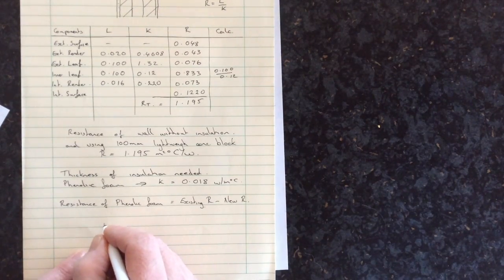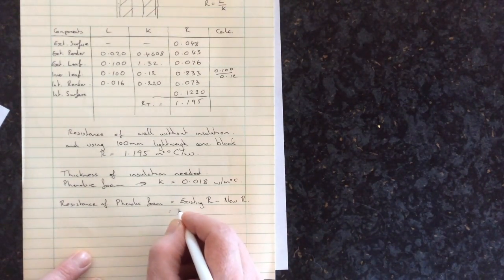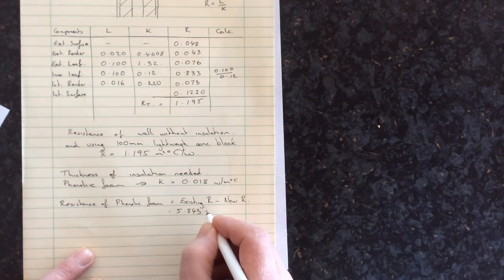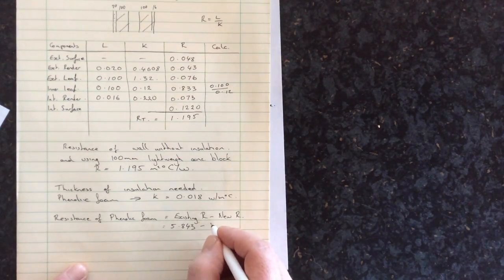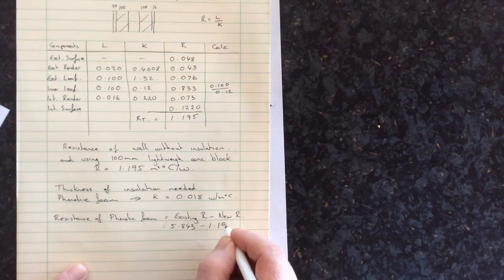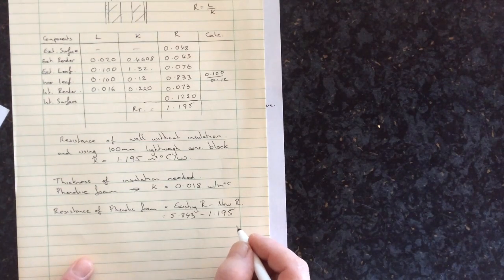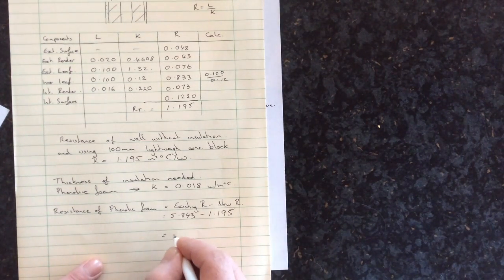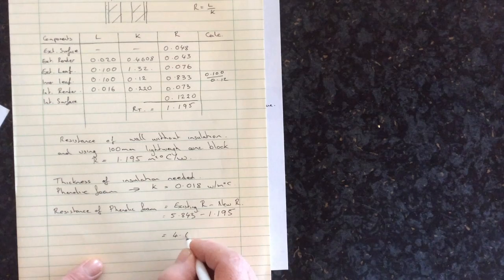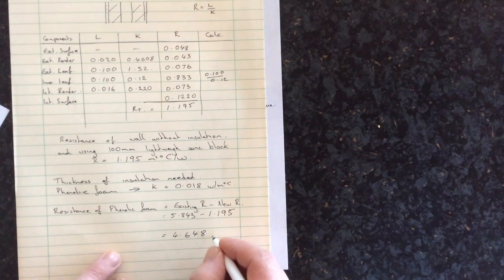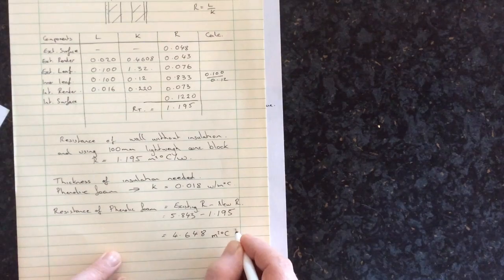So that will be equal to 5.843 minus 1.195, and that equals 4.648, and that's meters squared degrees centigrade per watt.